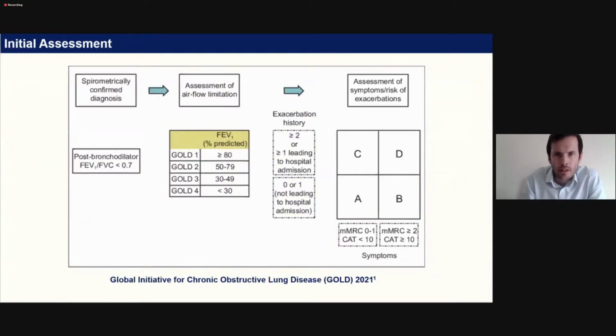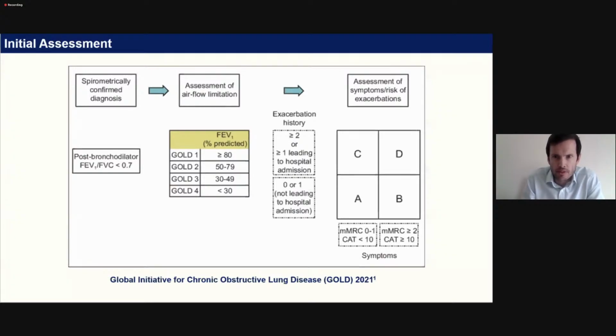This figure is taken from the current or most up-to-date GOLD report, and it illustrates the initial recommended approach to a patient with suspected COPD. Patients with suspected COPD should undergo spirometry. A post-bronchodilator FEV1 to FVC ratio of less than 0.7, as I mentioned, is diagnostic of COPD in patients with symptoms and/or risk factors.